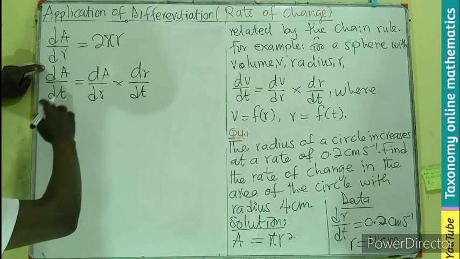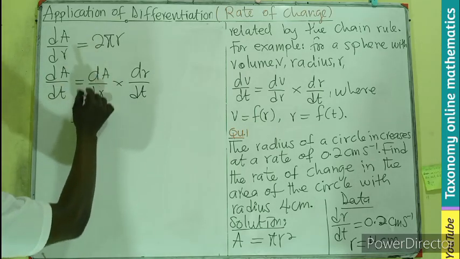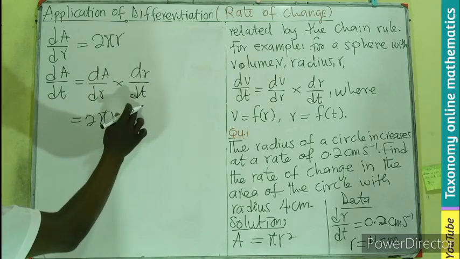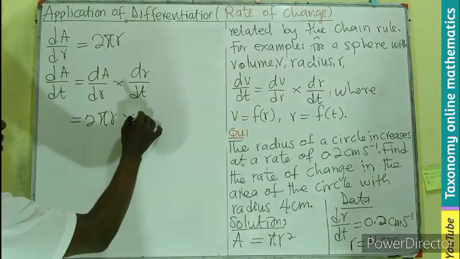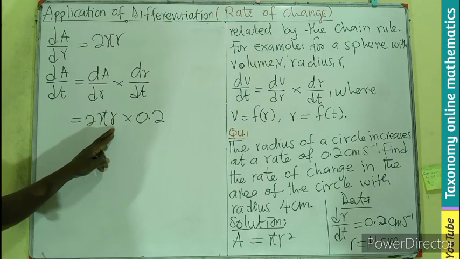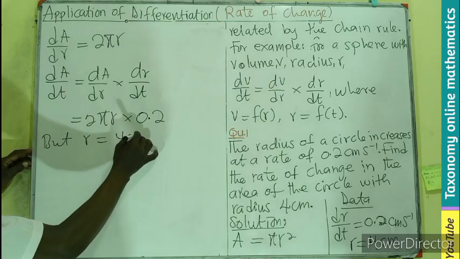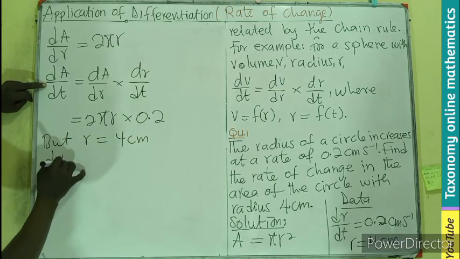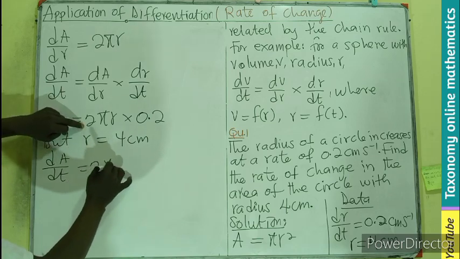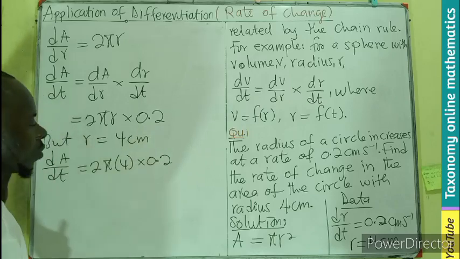So the left is equal to the right: 2 pi r times dr/dt, which we have as 0.2. But don't forget, we need to eliminate the r. So r equals 4 centimeter, making dA/dt equal to 2 pi times 4 times 0.2.